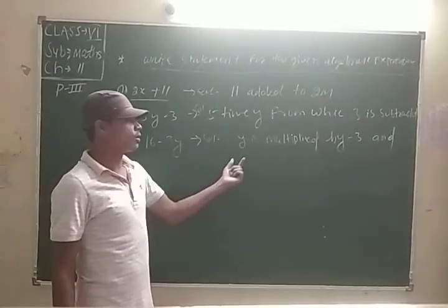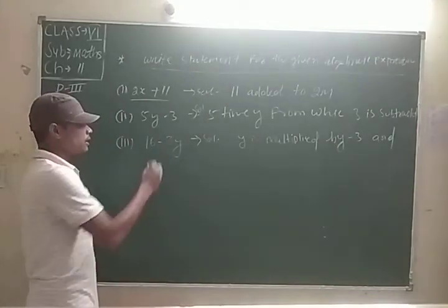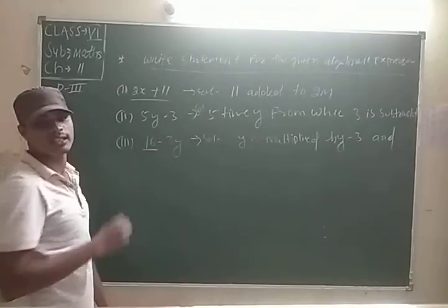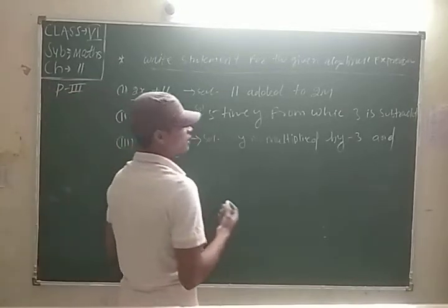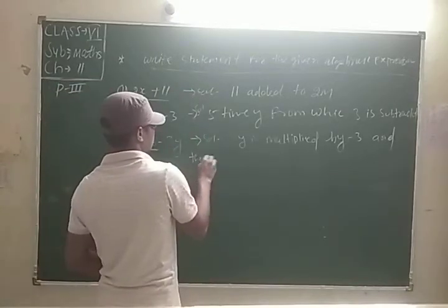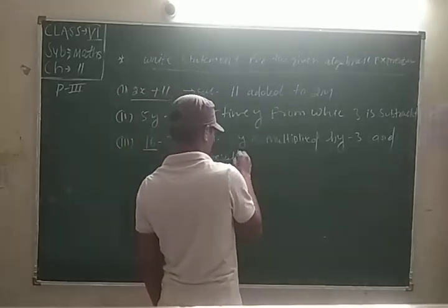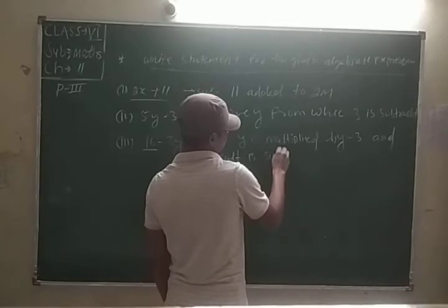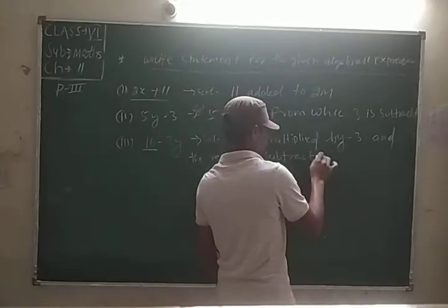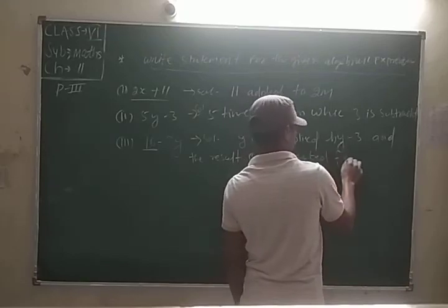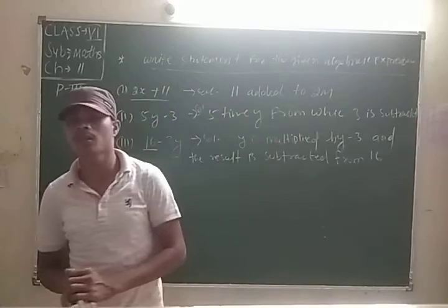You can say that y is multiplied by minus 3 and subtracted from which number? Subtracted from 16. Then we can write what the result is: the result is subtracted from 16.